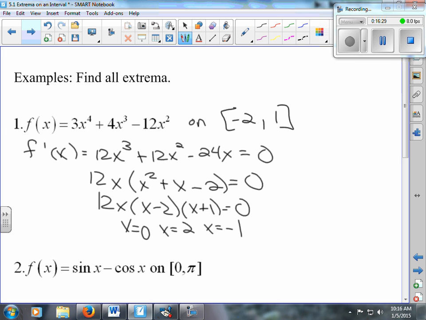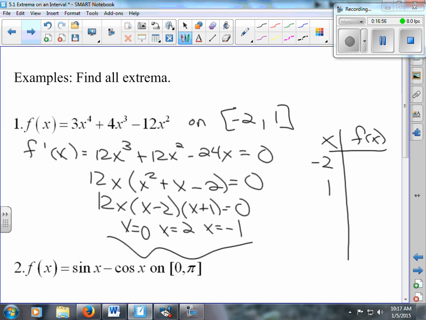So when I go negative 2 to 1, then I now have some extra x values to check. So I'm going to make my chart x, f of x. And in your chart, you're going to include your 2 endpoints and then the critical numbers that are in this interval. If I'm only between negative 2 and 1, then which of these 3 numbers are between negative 2 and 1? Just 0 and negative 1.